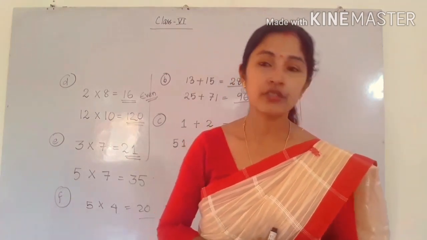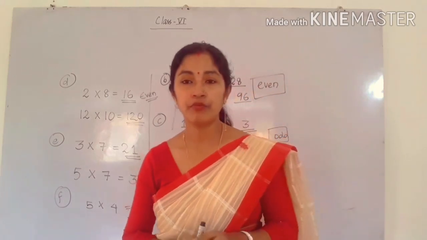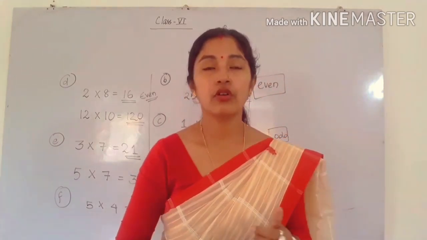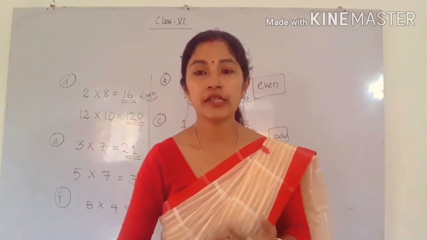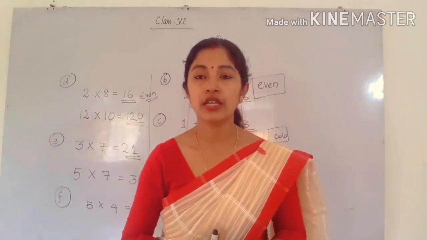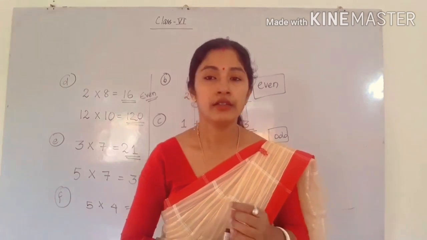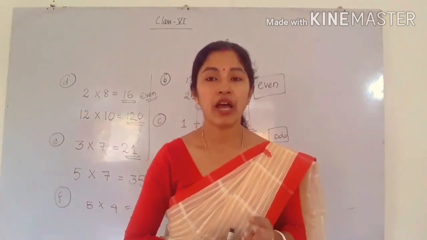Here, first is the divisibility test for 2. If the unit place of a number is 0, 2, 4, 6 or 8, then that number will be divisible by 2.